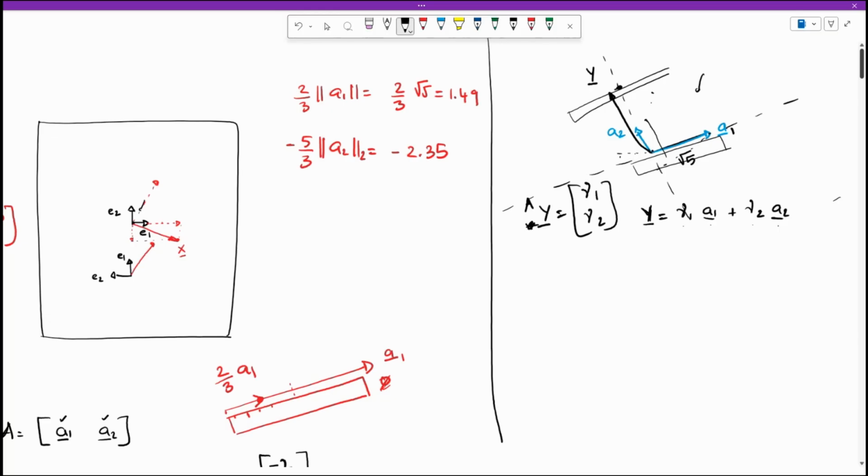So now this is your parallelogram, and the diagonal of that is Y. So the parallelogram would look something like this, and this would be Y. Okay. Now how do we find gamma 1 and gamma 2?